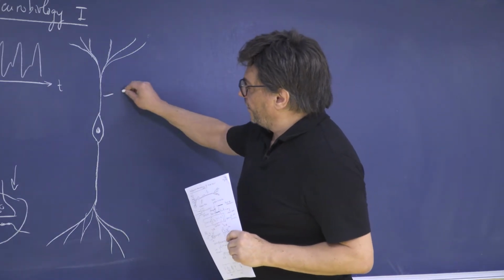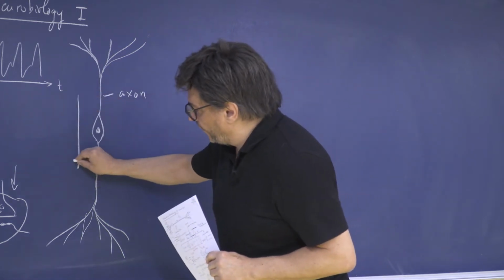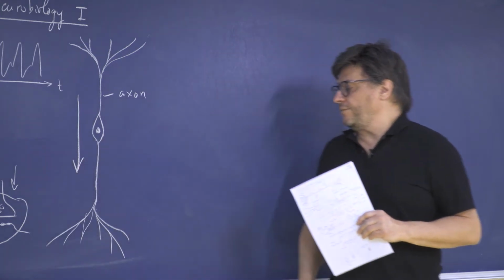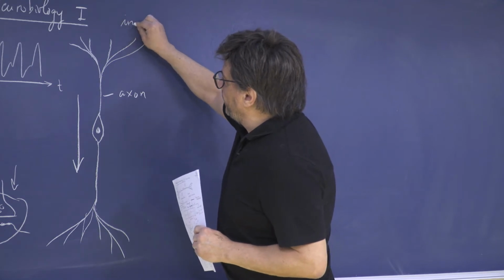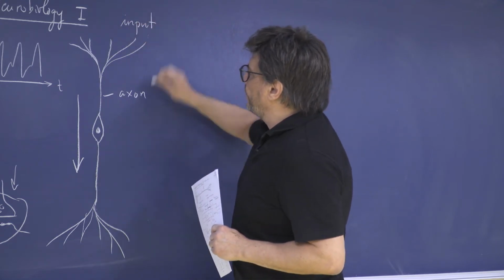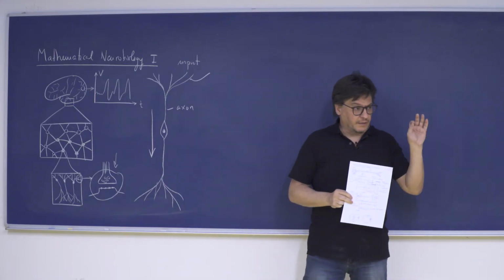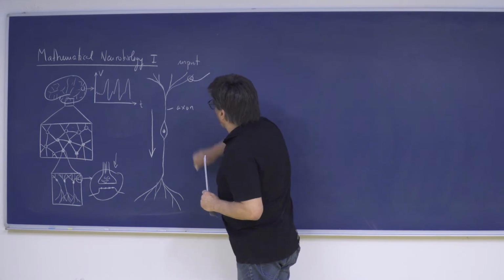This is the axon, where you have the propagation of the impulse, right? This is the cell body. And what you will see is that this will be our input part. Other neurons send signals to locations in the dendrites, right?